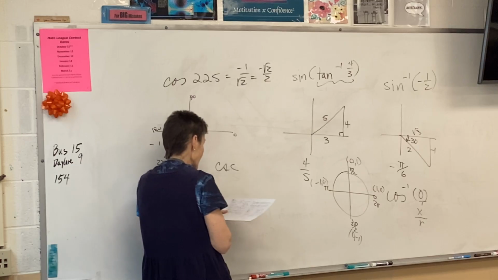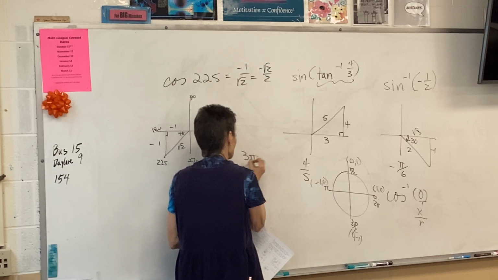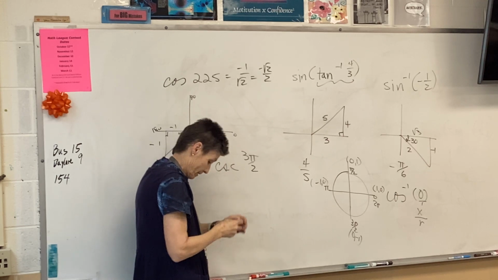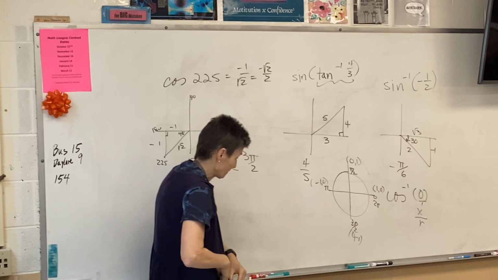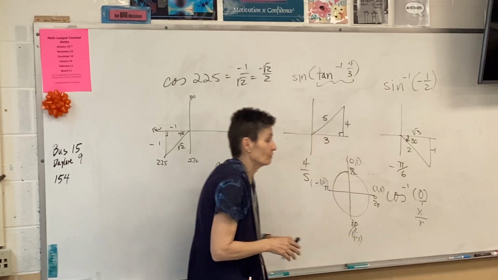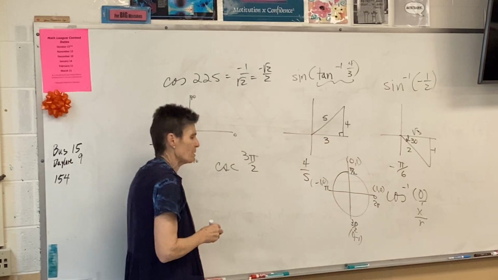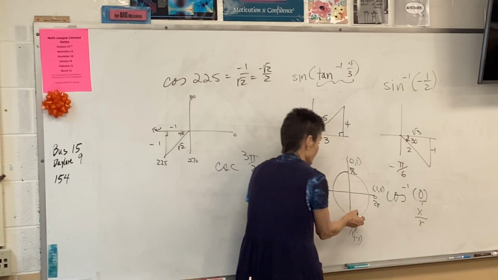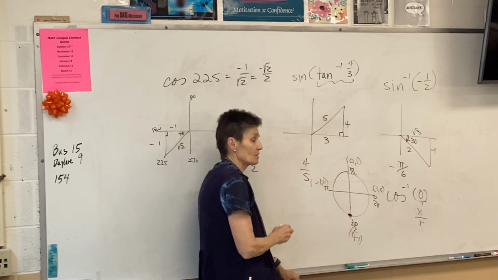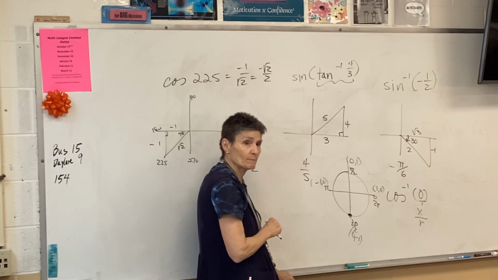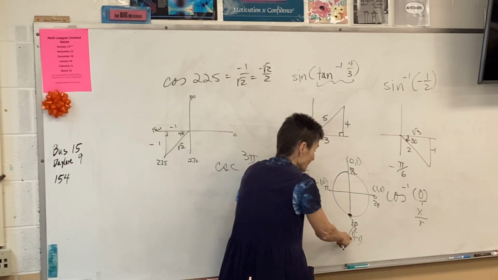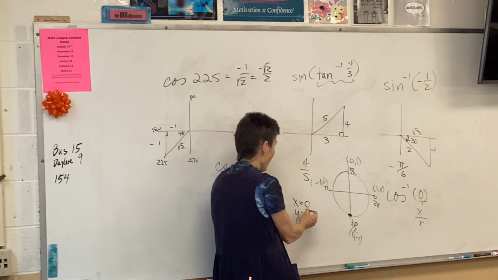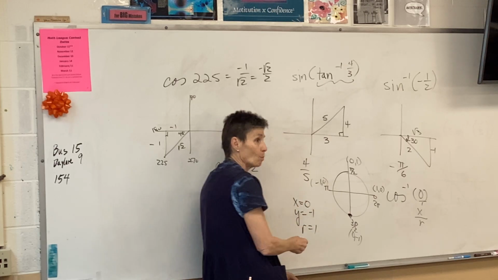E says find the cosecant of 3 pi over 2. Where's 3 pi over 2? It's right here, isn't it? Yes. So since I've got my circle already drawn, I'm going to use it. That point down there is 0, -1. So x is 0, y is -1, and r is 1.